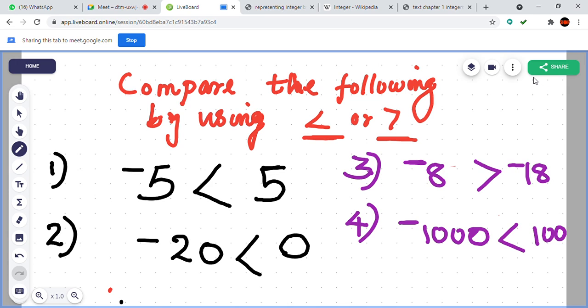Yes, miss. Okay, so today we will have only this much portion. Listen, all of you revise all of this. That means today's portion, all of you revise once more. Then tomorrow we will continue with representation of integers on the number line.